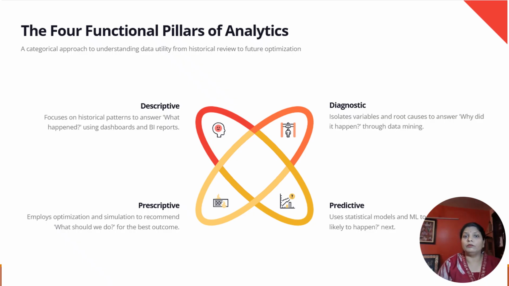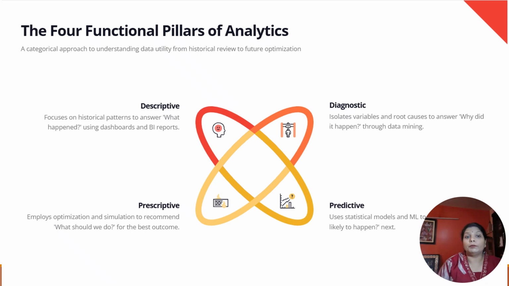The fourth and the most advanced pillar is prescriptive analytics. As a business analyst, you are supposed to tell what should we do. So besides having statistical tool knowledge, the business analyst student should also have a sound knowledge of all the domains of business, or you can say the functional areas of business, like marketing, HR, finance, operations, logistics, production, and many more.